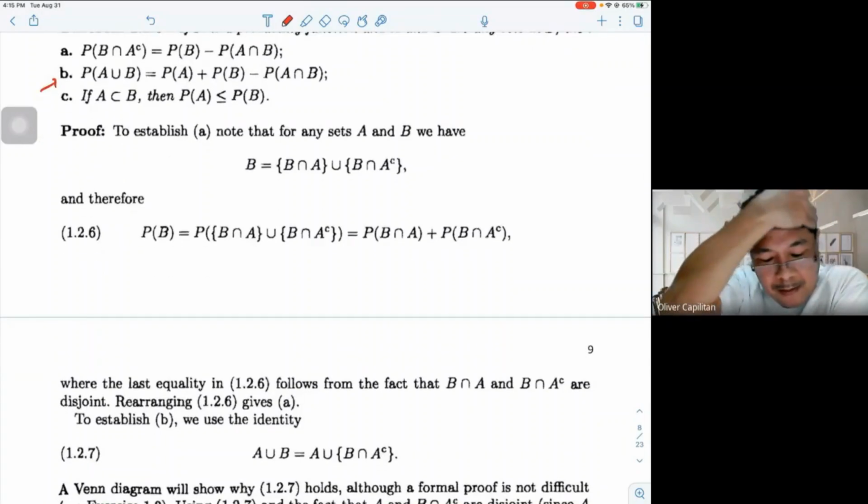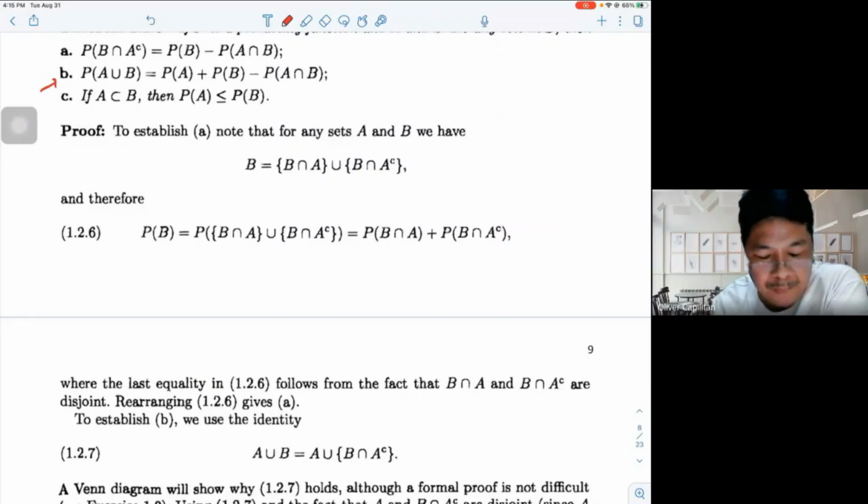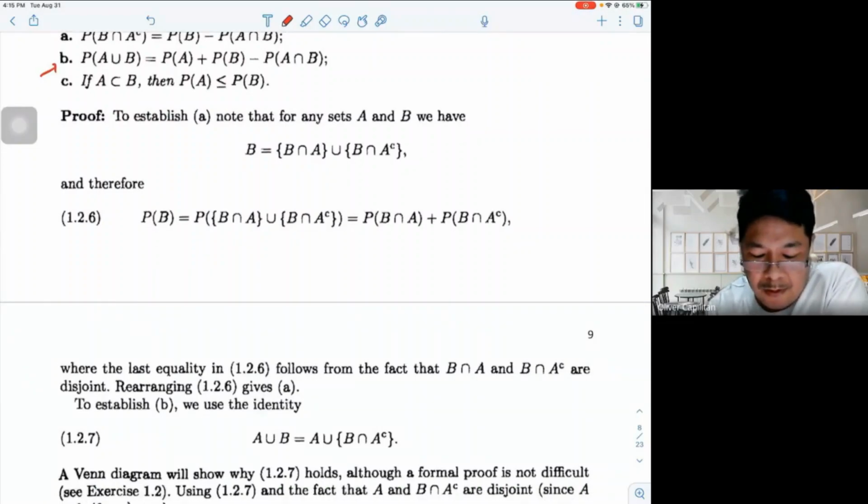So let us prove these properties. To establish A, note that B is equal to the union of these two sets. By the way, you can verify this using a Venn diagram, or you can verify the equality of these two sets using the relationship that we reviewed a while ago regarding equality of two sets.